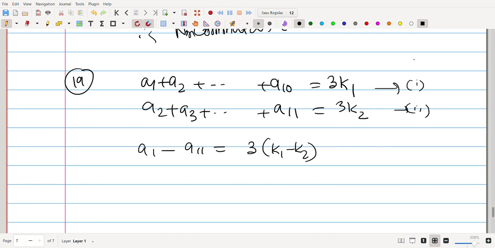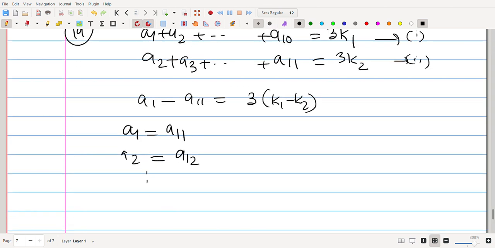Now a1 is 0 or 1, a11 is also 0 or 1. That means a1 equals a11. If a1 is 1 and a11 is 0, that means 3 doesn't divide 1, which is a contradiction. So either both are 0 or both are 1. Similarly, you can show that a2 equals a12 and so on.